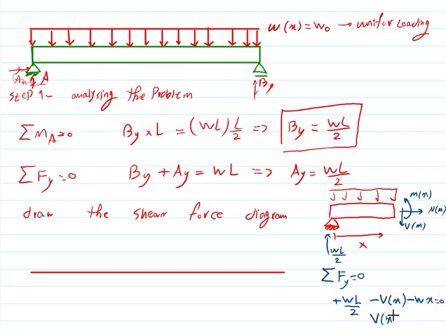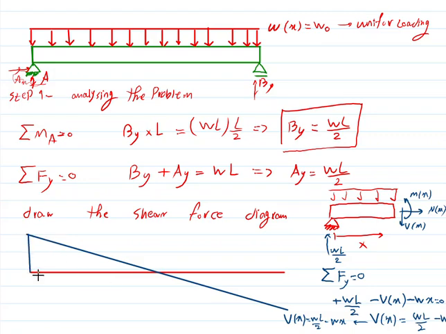So Vx is actually equal to, let me write it here, Vx is WL over 2 minus Wx. What it means is, because the load is uniform, it will vary linearly, okay, like this. And here, when I put x as 0, you get half of the WL, so it's positive.